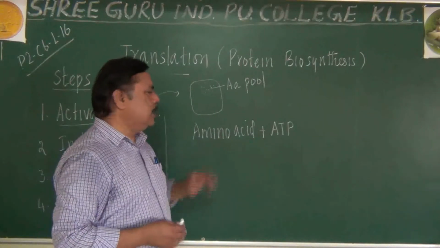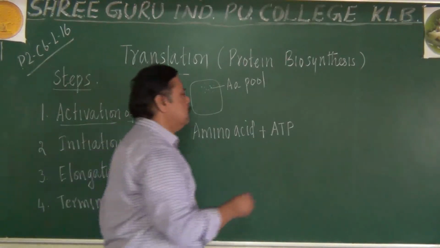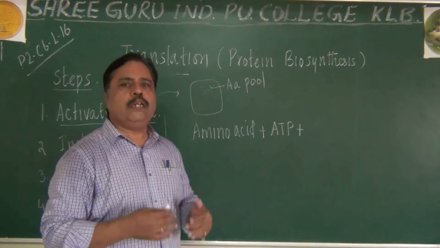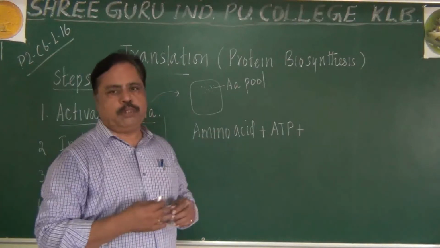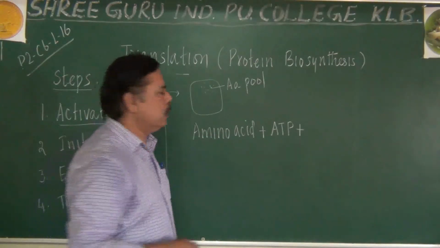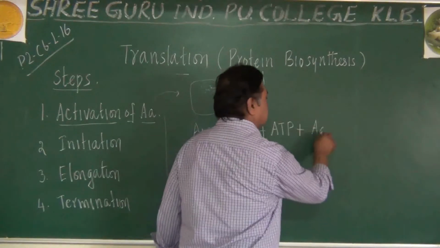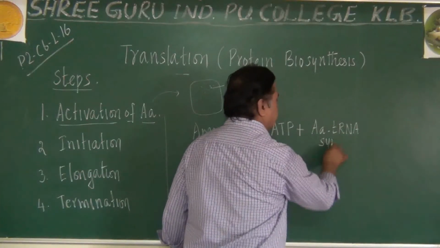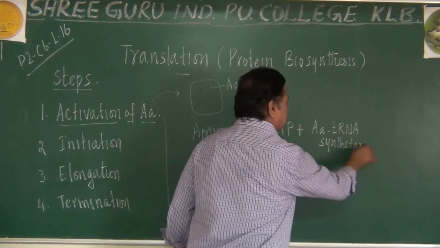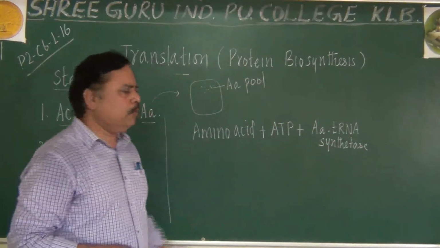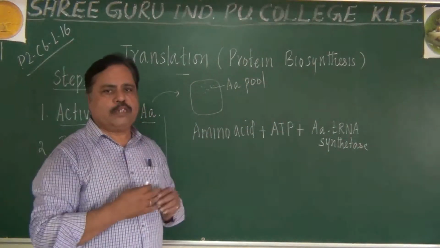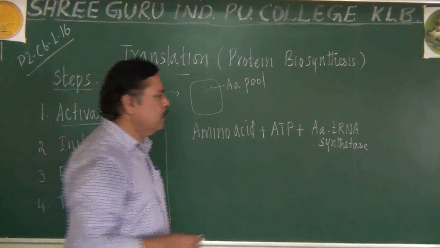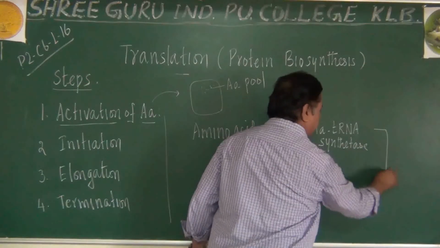ATP will join with the amino acid, and we will use one enzyme as a catalyst for this purpose. What is the name of that enzyme? Amino acid tRNA synthetase enzyme. This complex will form for the first time. When they group together, we get a product of this reaction.